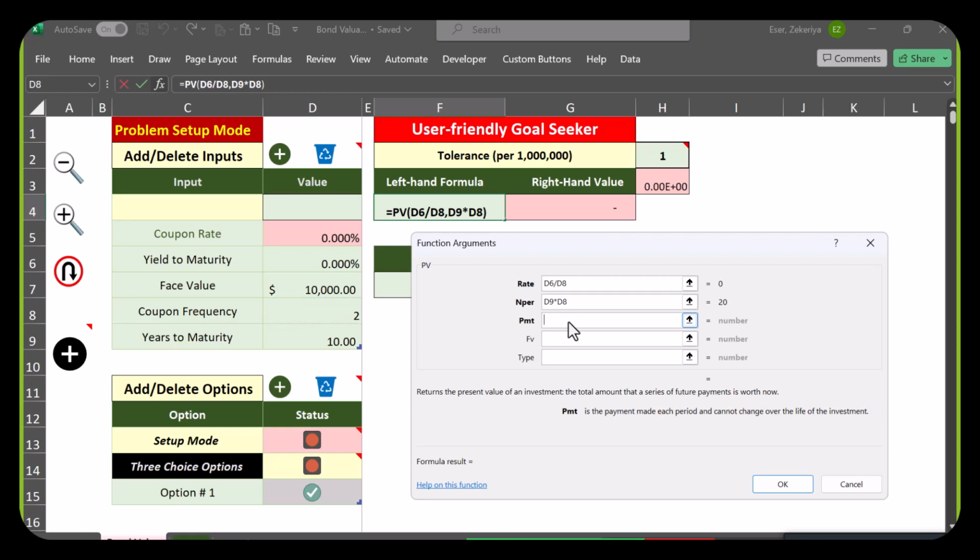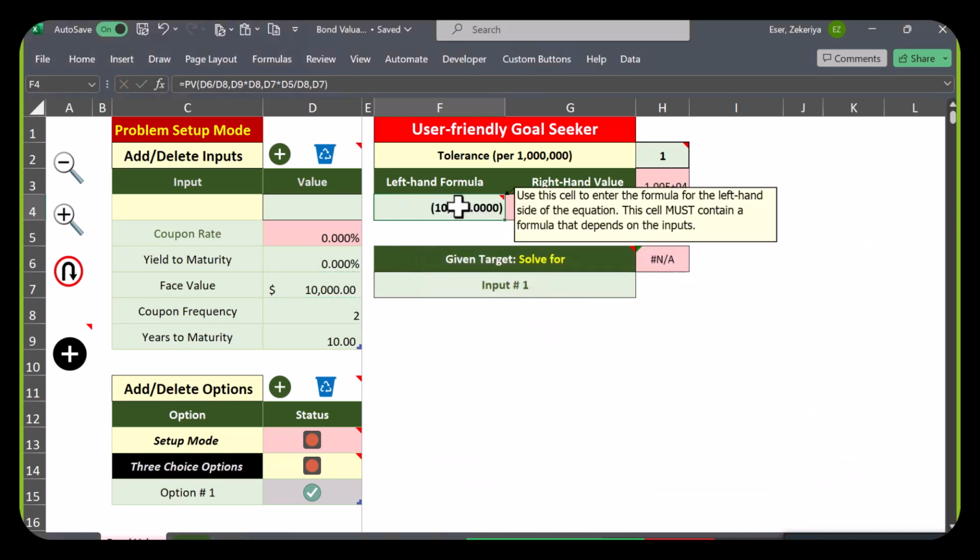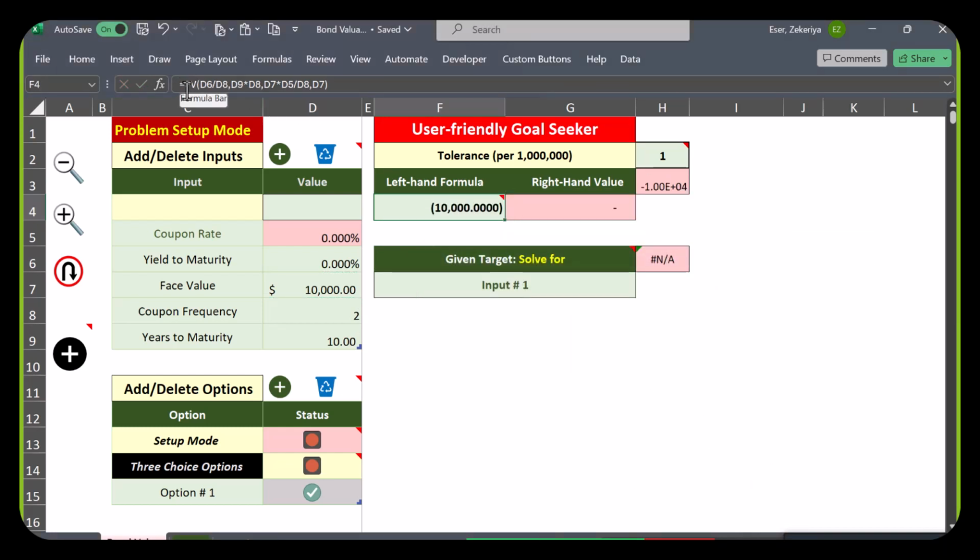Payment is the coupon amount, and that's going to be the face value times coupon rate divided by coupon frequency. And the fourth argument is the face value. It gives a negative number because of the input-output conventions of Excel.